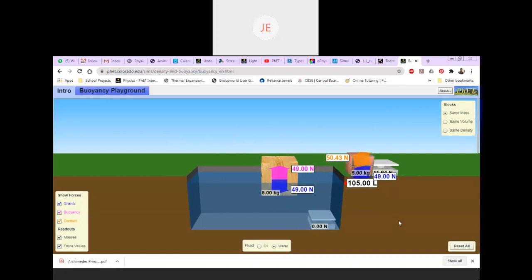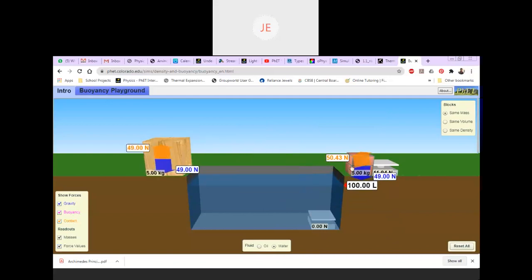That means it just floats. It has the same density as that of water. So that is why it is just floating. Upthrust force and weight both are equal.